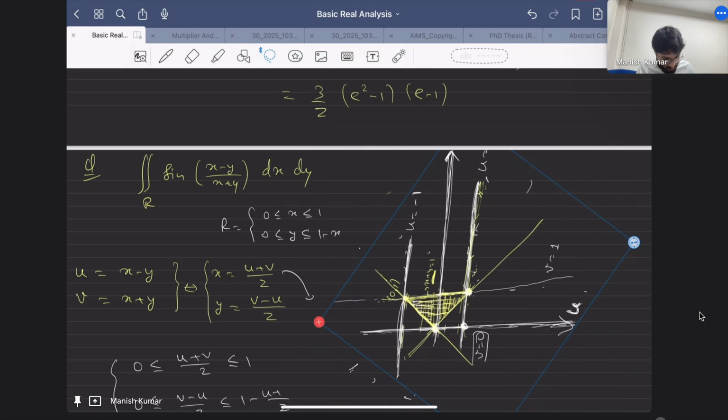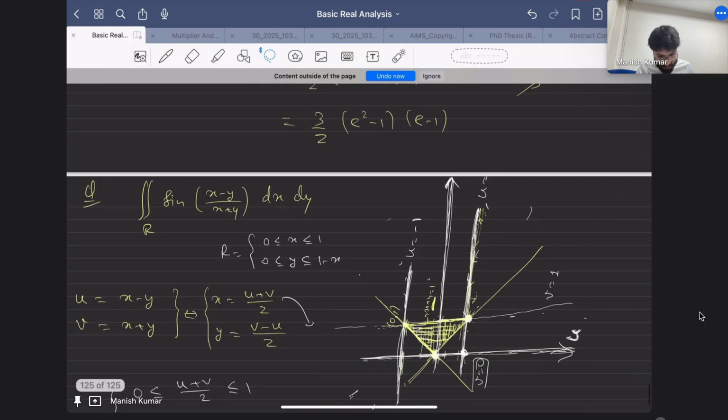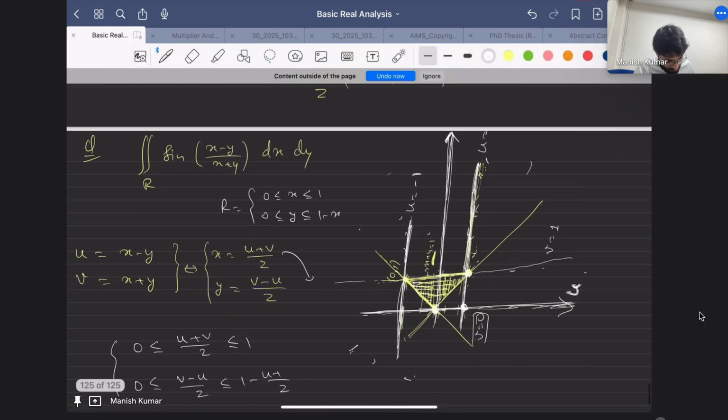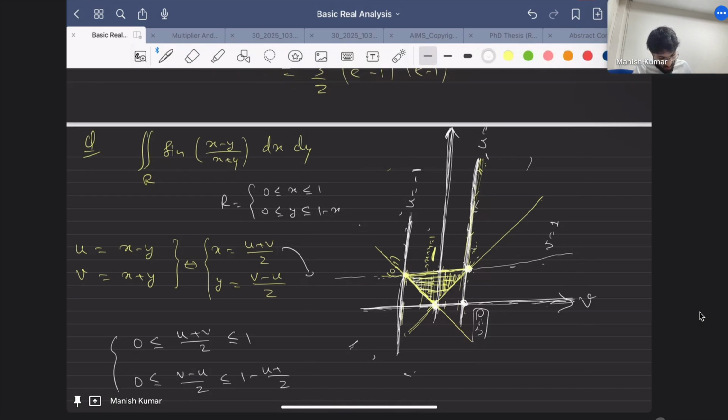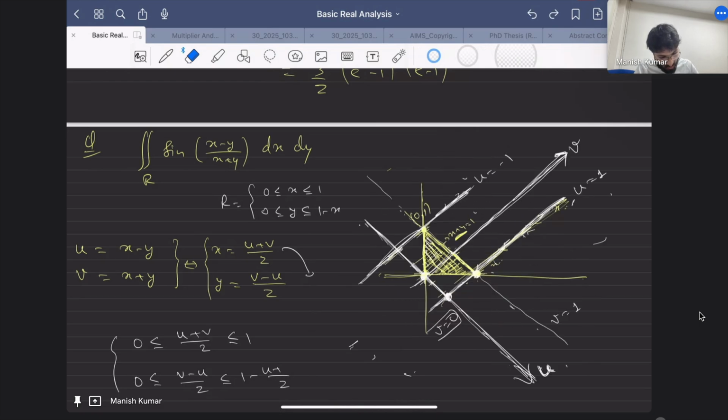Okay, let me see. So this is my v coordinate. This is, where is it? This is u equals 1. I also got confused. Okay, whatever. So let me just look at the point, that's all I need.